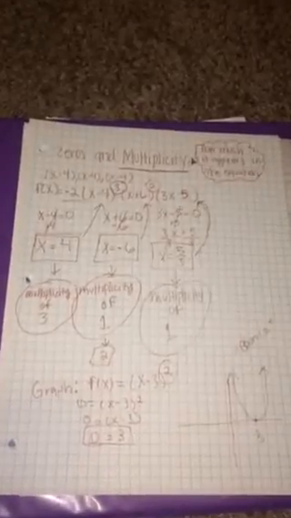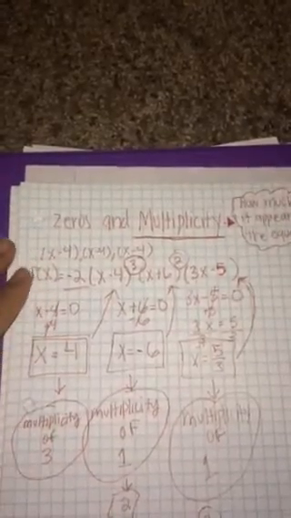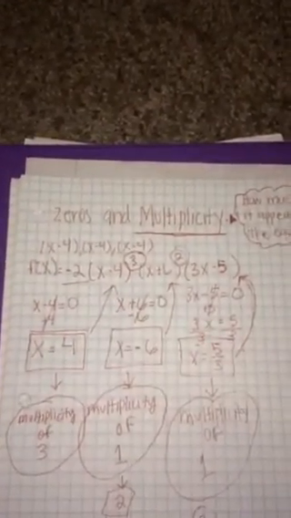So once again, multiplicity is just simply how much it appears in the equation. That's what multiplicity means. And it relates to the zero because when you have a function, an equation given, you have to solve for the zeros.